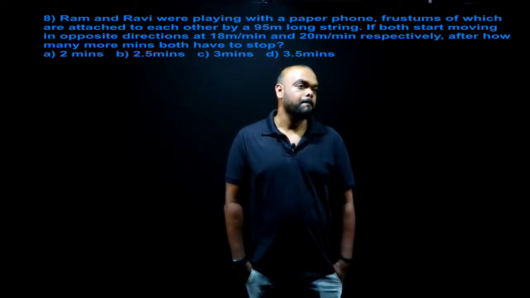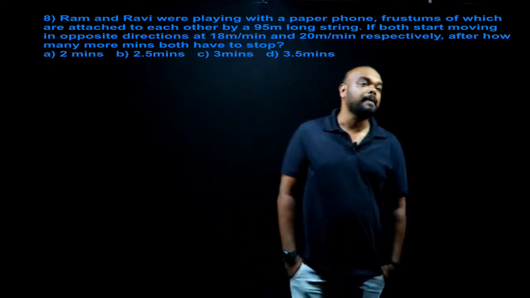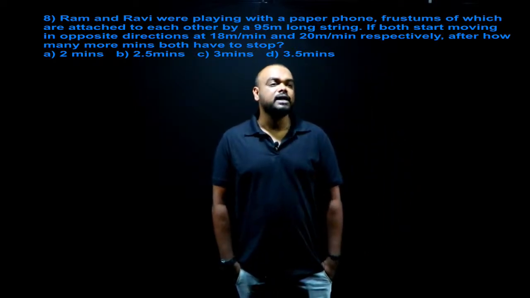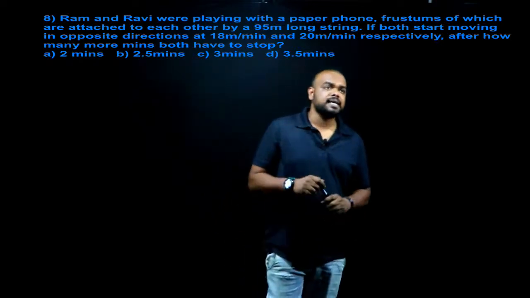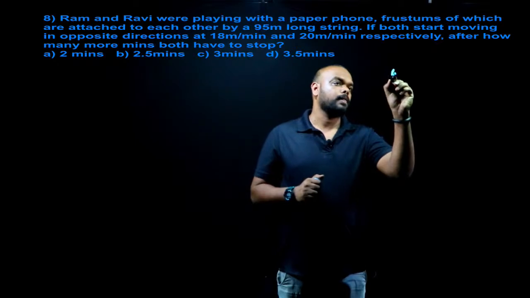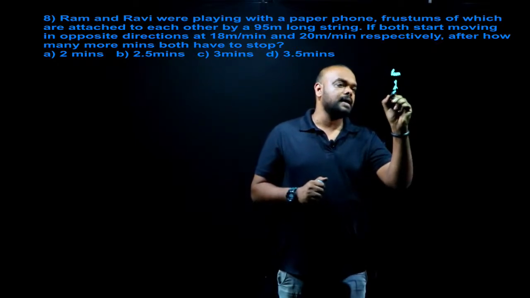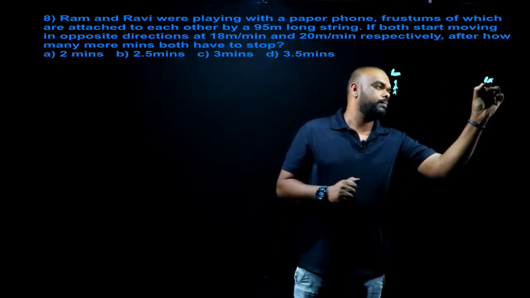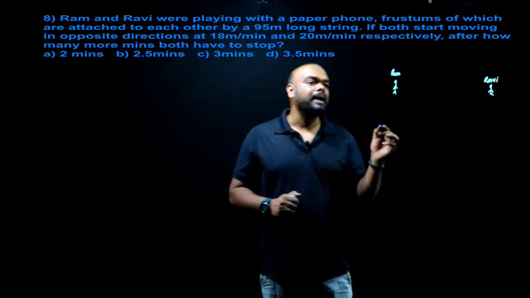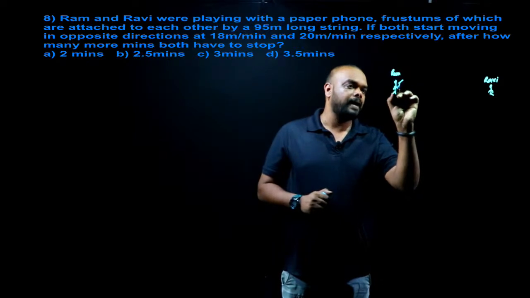If both start moving in opposite directions at 18 meters per minute and 20 meters per minute respectively, after how many more minutes both have to stop? See, there are 2 people, guys. One is Ram and the other one is Ravi. Now these 2 are playing with a paper phone.